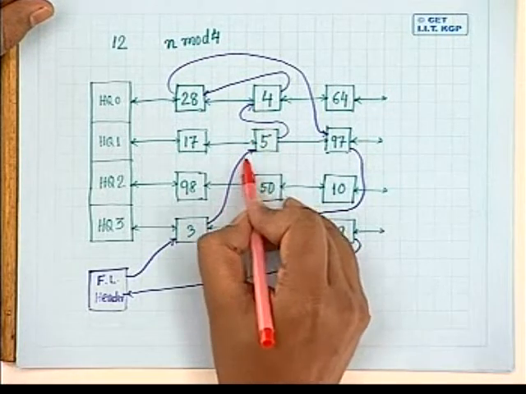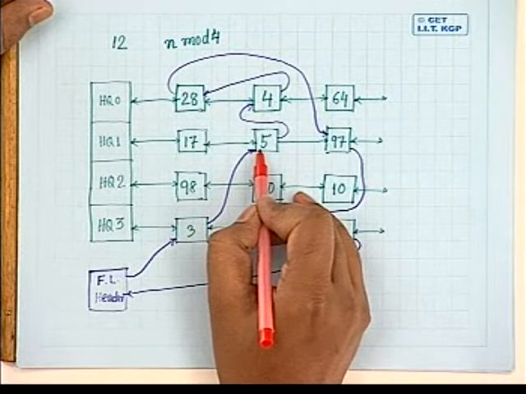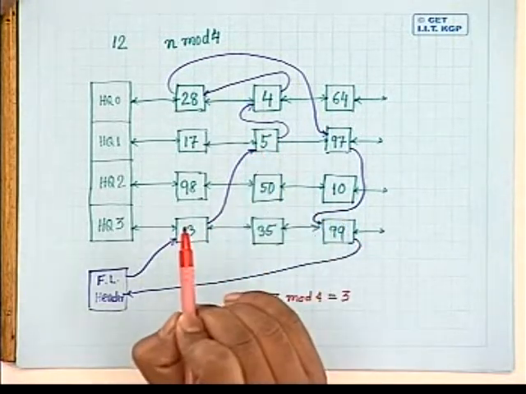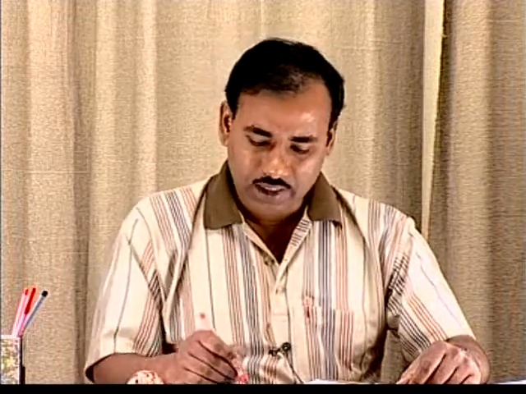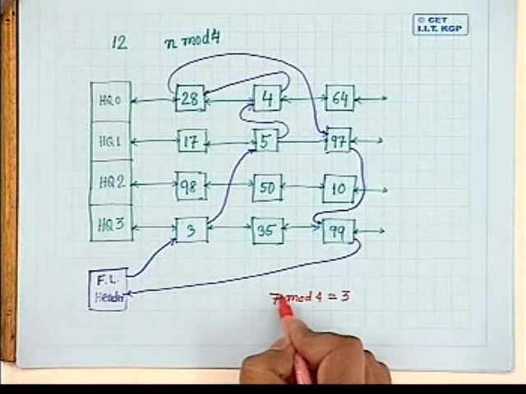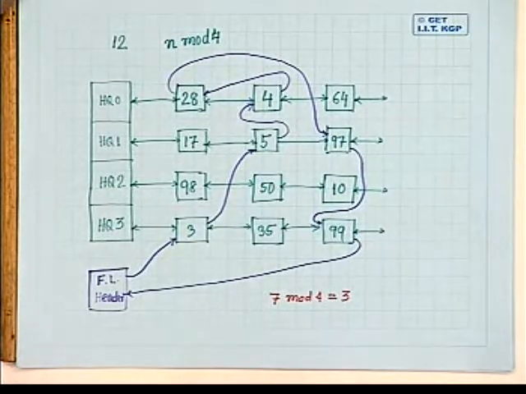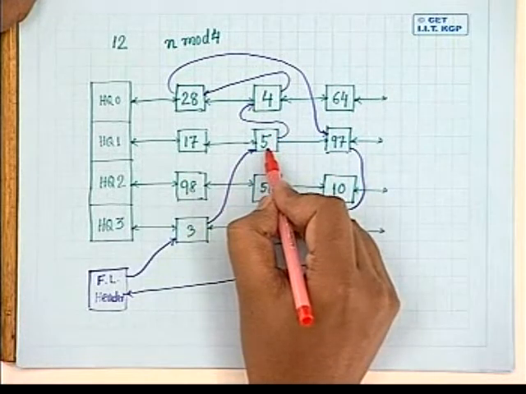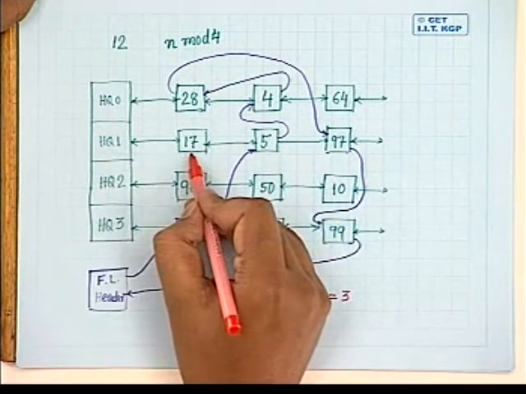The next buffer in the free list is the buffer containing block number 5. Now if this buffer is not marked as delayed write, then the buffer will be given to the process for getting in this block number 7. Okay. Now here you find that the earlier hash queue in which this buffer was present is hash queue number 1.